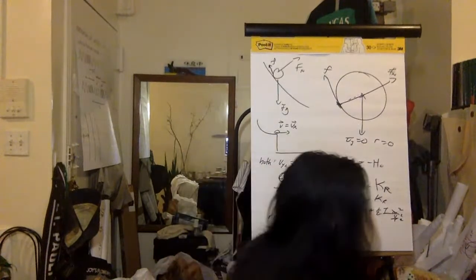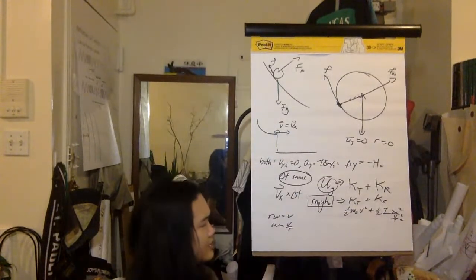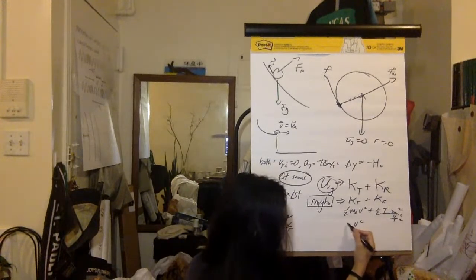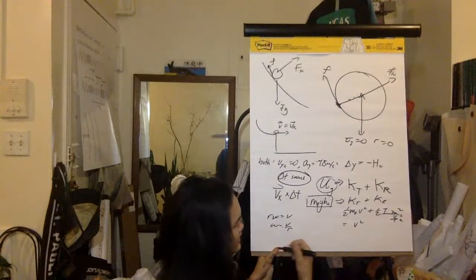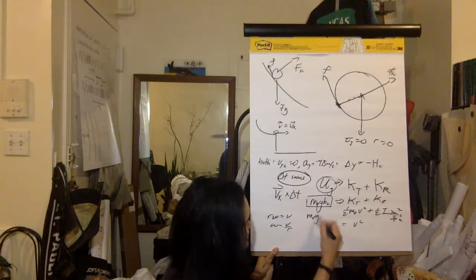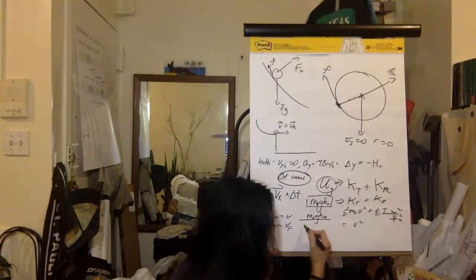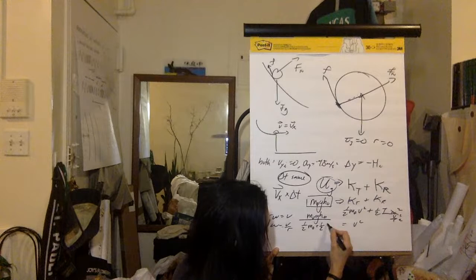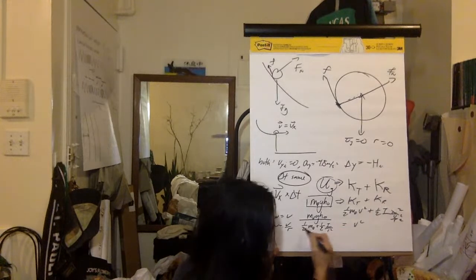And clearly here, when I solve for v, well, let me just solve for v squared. V squared is m naught g h naught all over 1/2 m naught plus 1/2 I over r squared.